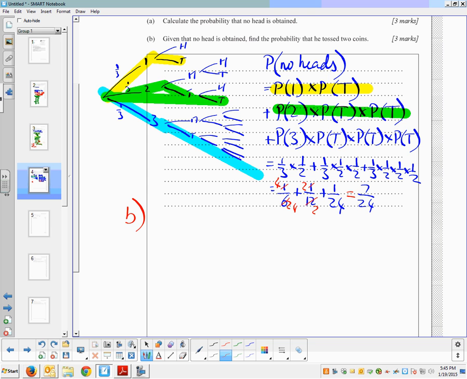Part B. The question is, given that no head is obtained, find the probability that he tossed 2 coins. So the probability of tossing 2 given no heads.